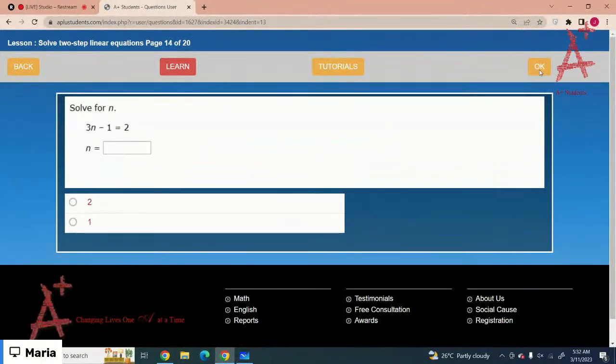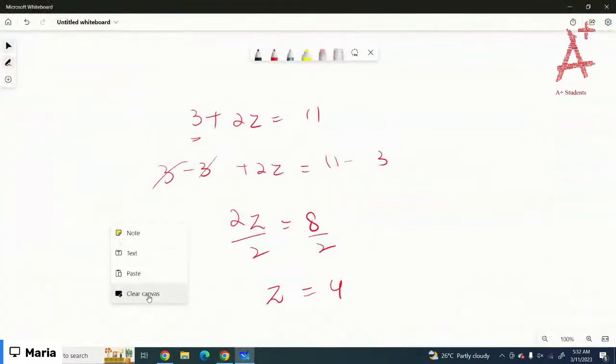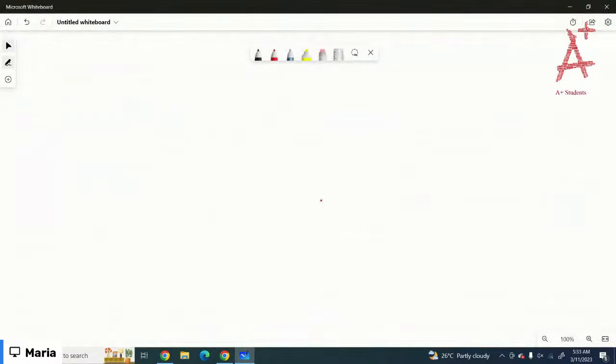Okay, the next one is 3n minus 1 equals 2. So you need to calculate the value of n. First of all, you have to remove that negative 1. The opposite of subtraction is addition. Just add 1 to both sides. It would be 3n minus 1 plus 1 equals 2 plus 1.